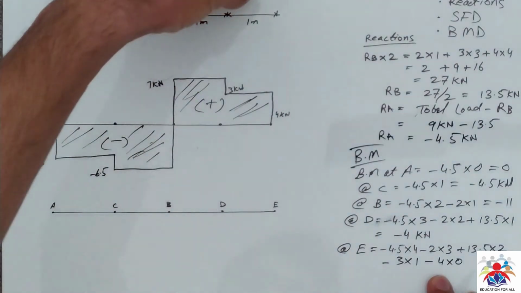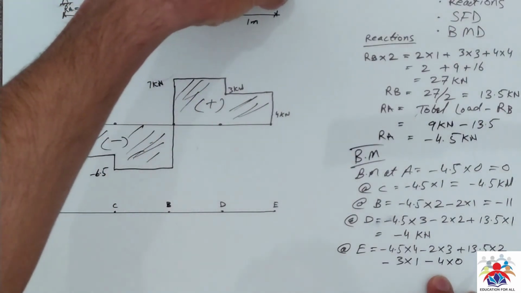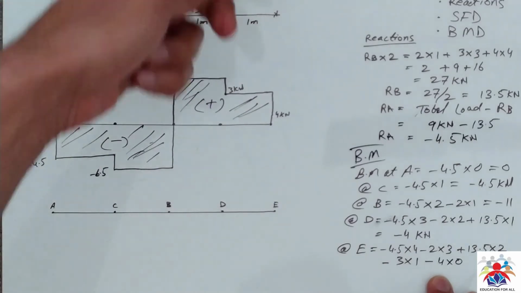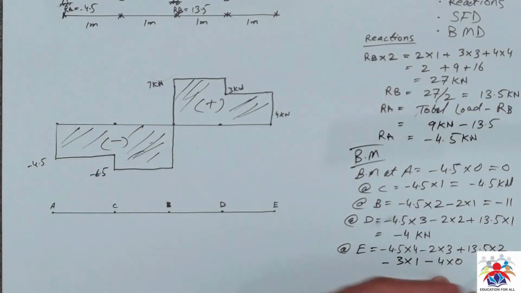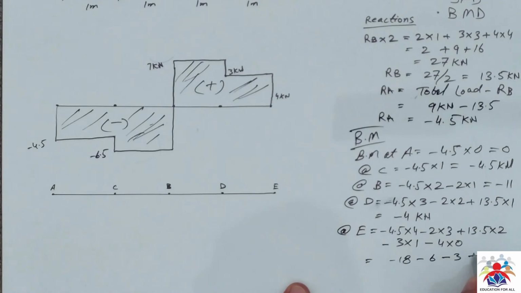This 4 is the last one at point E and doesn't have any arm, so it will be 4 multiplied by 0. So we will get minus 18 minus 6 minus 3 plus 27. At the end we will get 0. So this is a check, basically: at the last end we have zero.